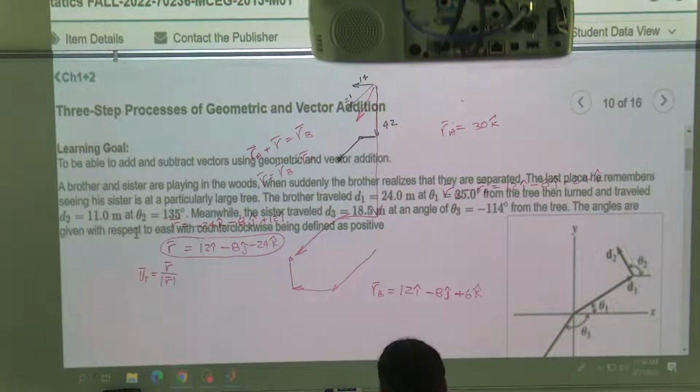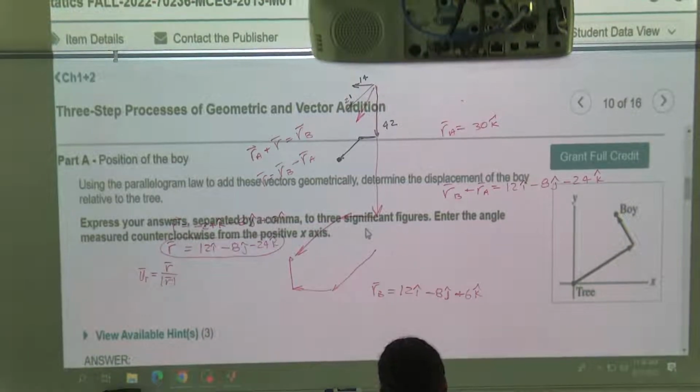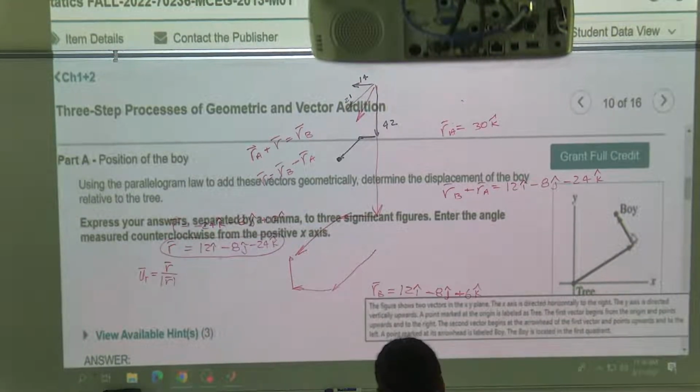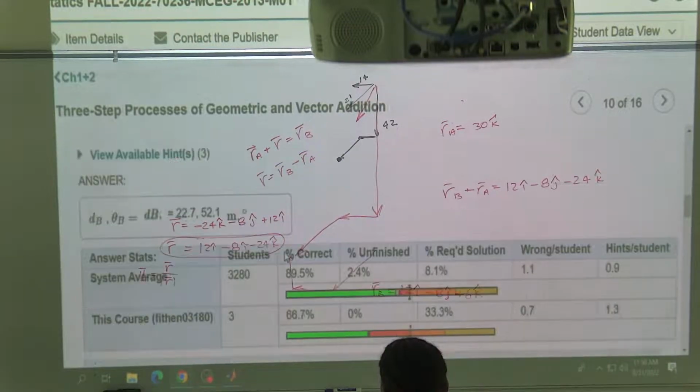The angles are given with respect to it. Determine, so now that we got that, we slide down, what's the question? There's the tree. He went to here, and there's the boy. Position of the boy.